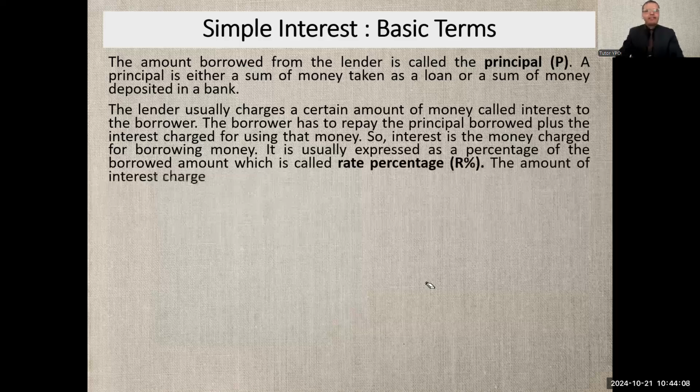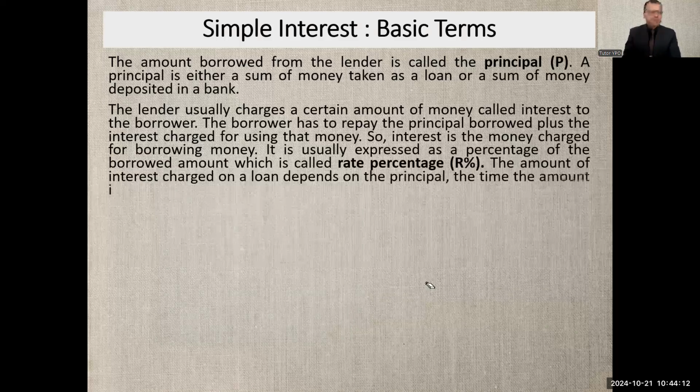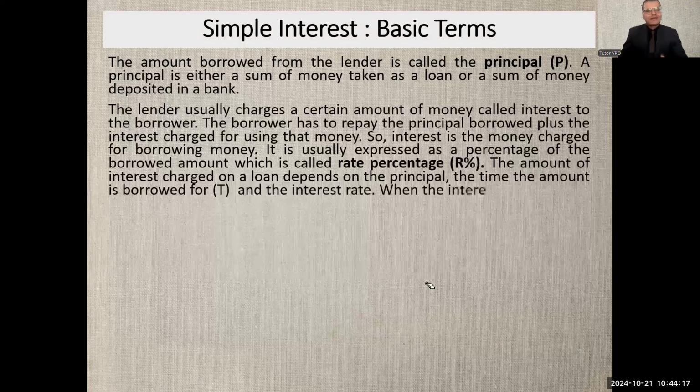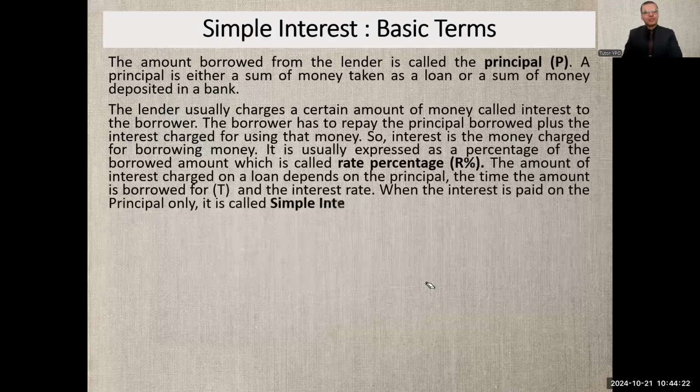The lender usually charges a certain amount of money called interest to the borrower. In a normal situation, nobody allows others to use their money, so they charge a certain amount of money for using their money.